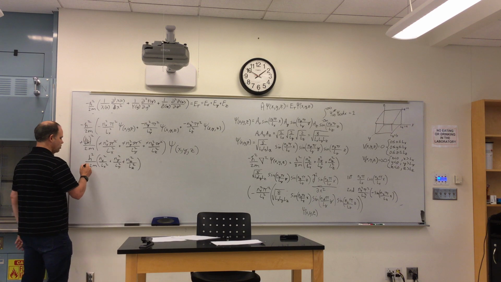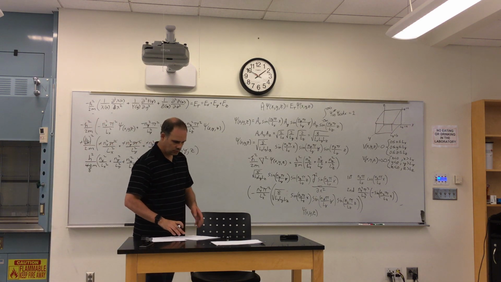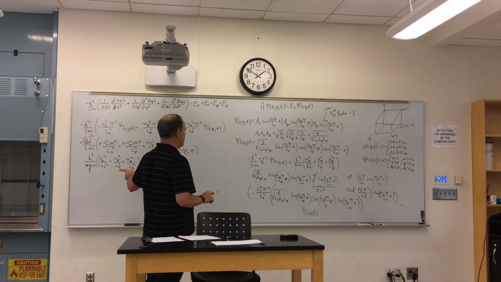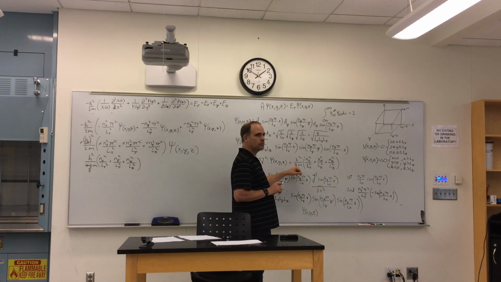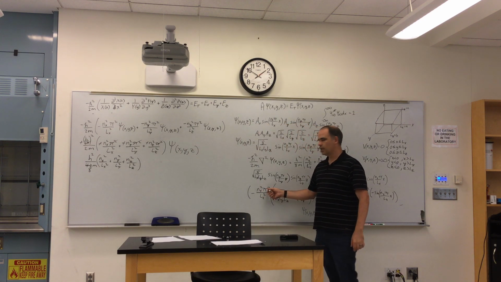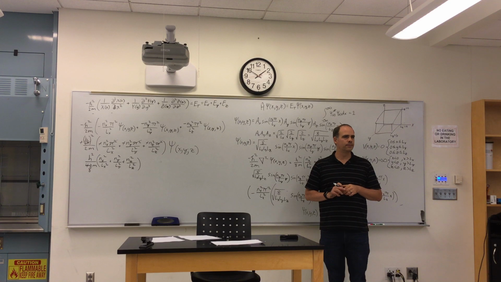So 4 times 2, that's 8. Okay, and that would be right here. So the pi's cancel each other out. The pi squared cancels out the pi that's embedded in the h bar.